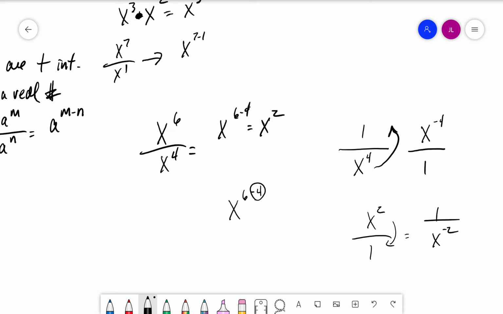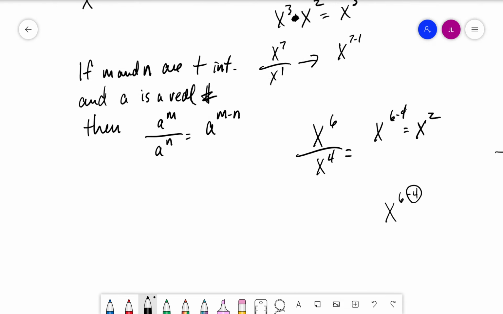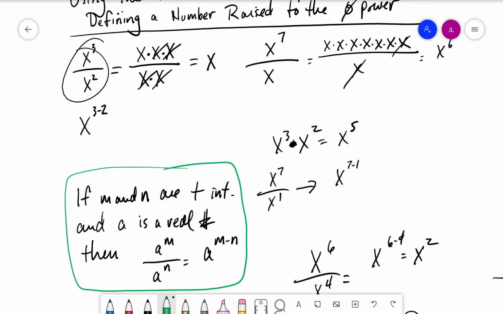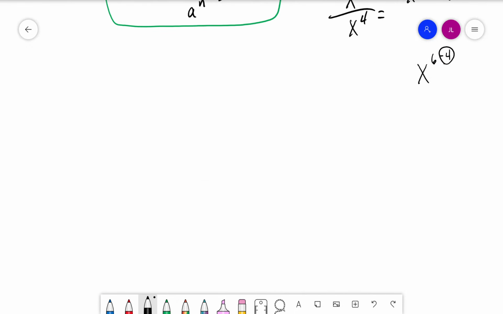The quotient rule for exponents does state that if m and n are positive integers, and a is a real number, then a to the m over a to the n is equal to a to the m minus n. Okay. Now, what about something raised to the 0 power? We haven't talked about that yet, but let's take a look at this since we're talking about quotients.